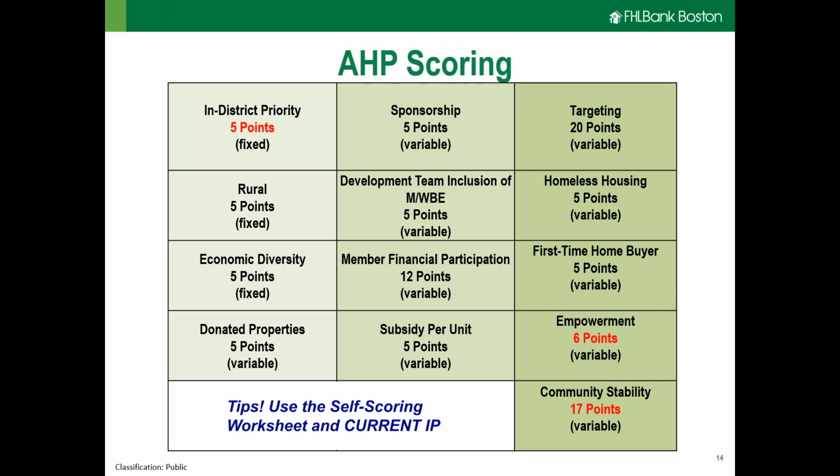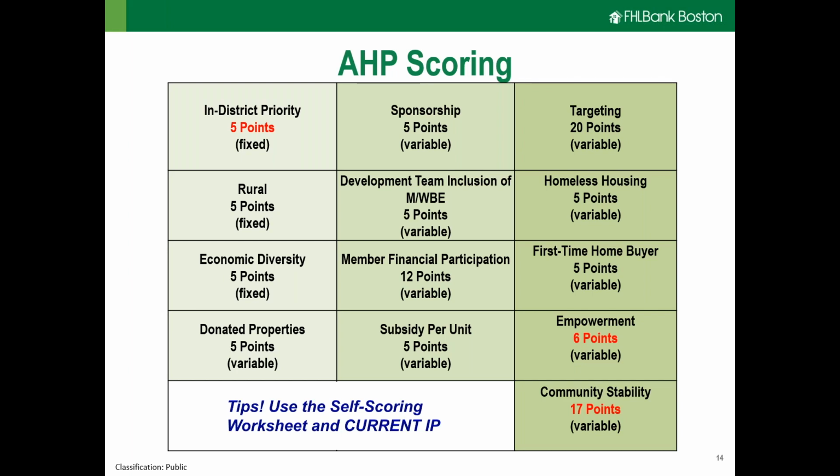The AHP scoring is something that you will be living with, not just at the day of the application, but throughout the lifetime of the project and its retention. If you're going to promise us something along the lines of a homeless set-aside, for example, that is something that we will be looking at when we go to give you your money and during the retention period following completion.